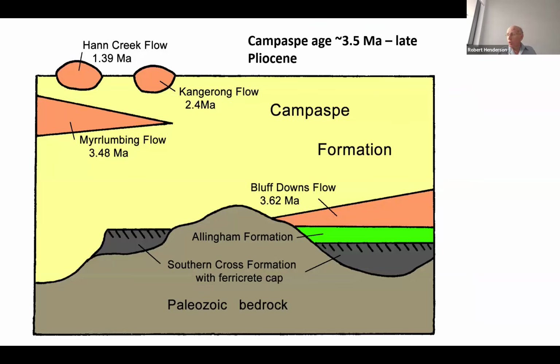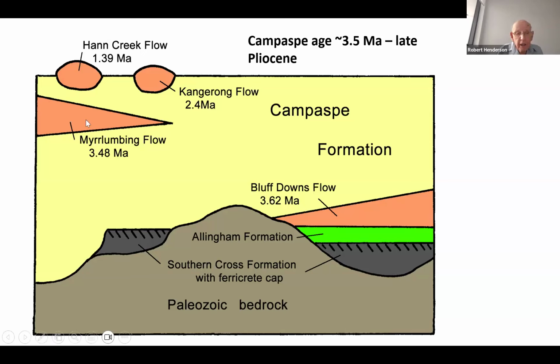Okay, so let's just look at what control we've got on the age of the Campaspe. And the age is provided by potassium argon dates on basalts of the Toomba basalt. And you can see an older one down here, older Pliocene at 3.62.